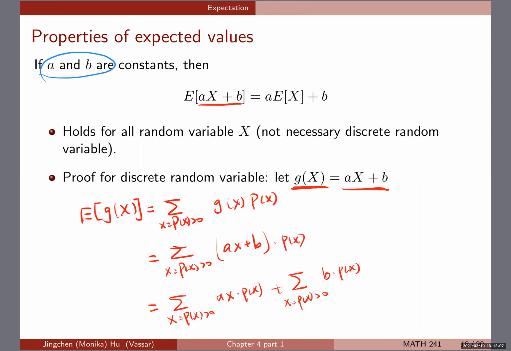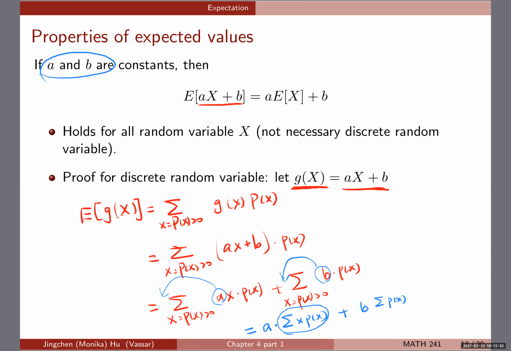The summation is being applied to x, so if it's a constant, this constant can go out of the summation. As soon as we do that, the first term becomes a times the summation, and the second one becomes this.